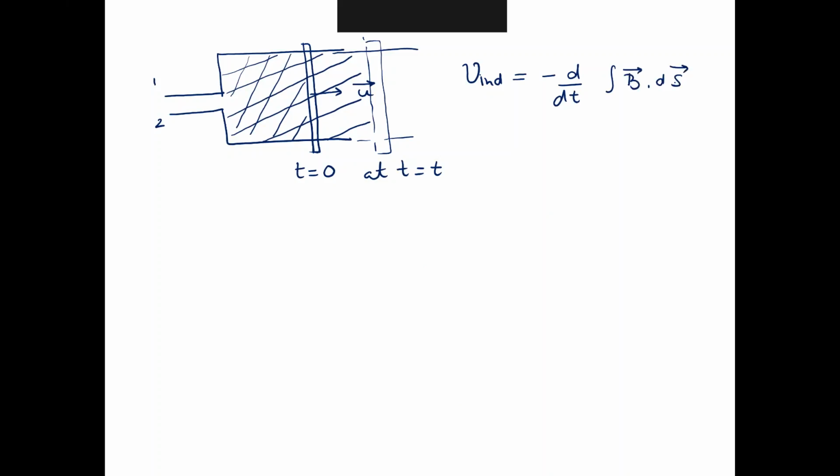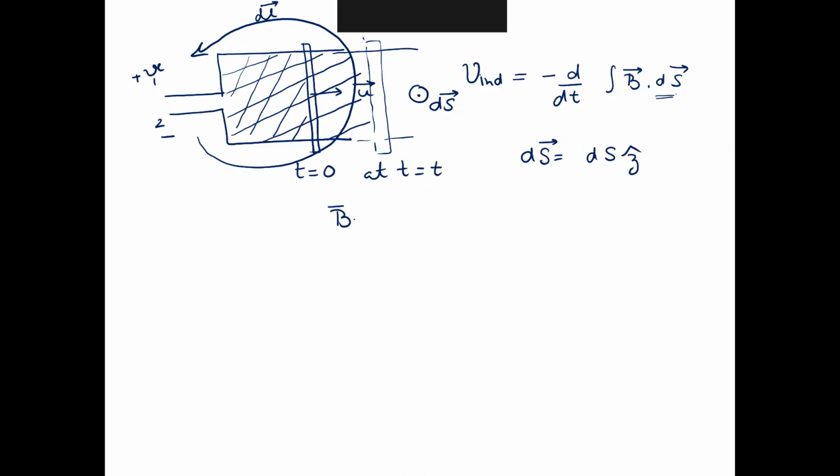Again, choose a specific direction. I said I can then shift to counterclockwise. So I'm going to assume that this is negative, this is positive. This is the dl which I have within my V induced. And my ds is going to be pointing upwards, so vector ds is in the z direction.